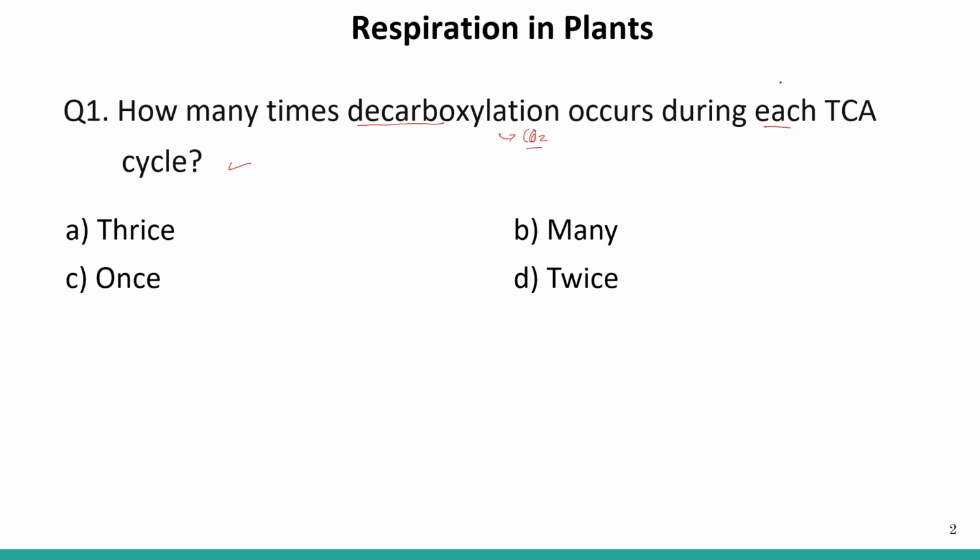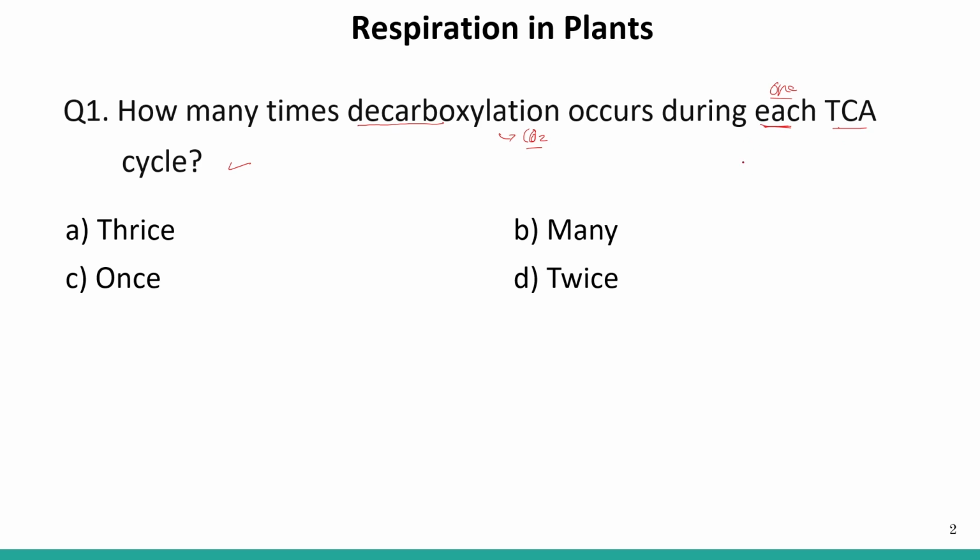Okay, each means one TCA cycle. Because the TCA cycle, also known as the Krebs cycle, takes place twice because two molecules of pyruvate are formed. Okay, and correspondingly two molecules of acetyl coenzyme A are formed. So actually the Krebs cycle or TCA cycle takes place two times, but they are asking about each TCA cycle.